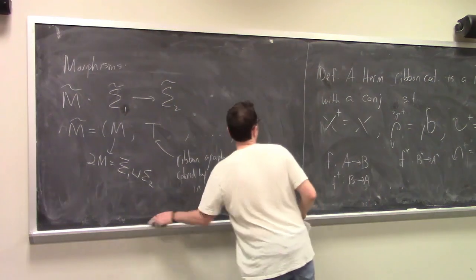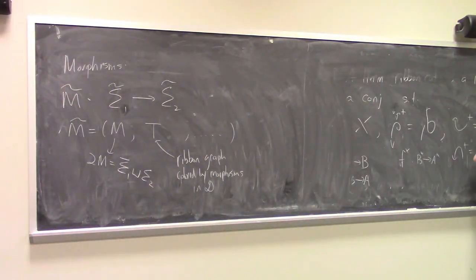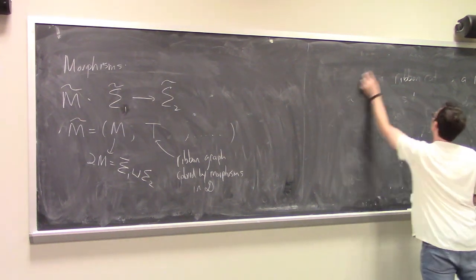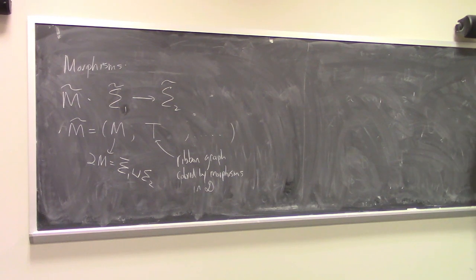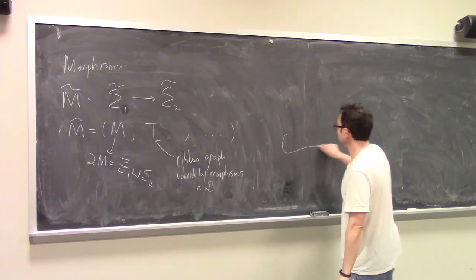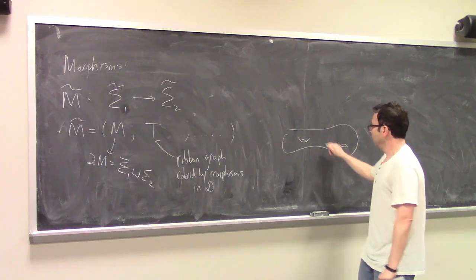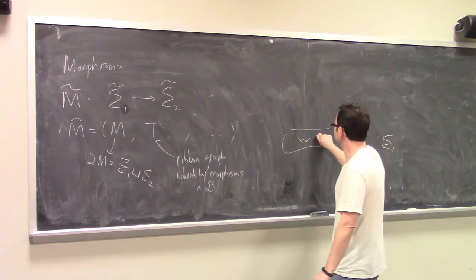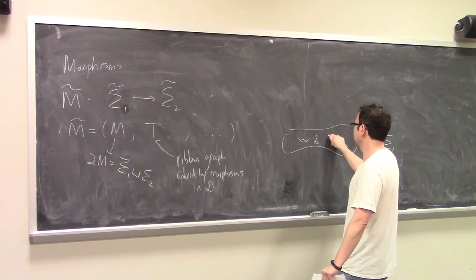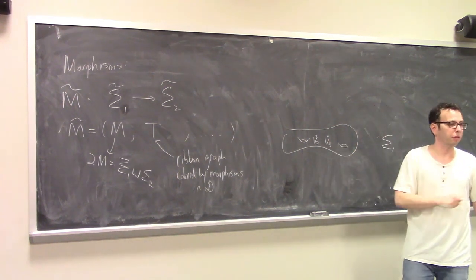To draw a picture, maybe this would be sigma 1, and there are some marked points, let's say V2 and V3, labeled by some representations.